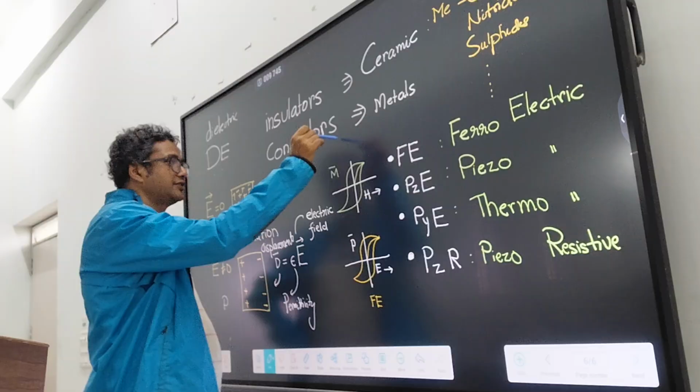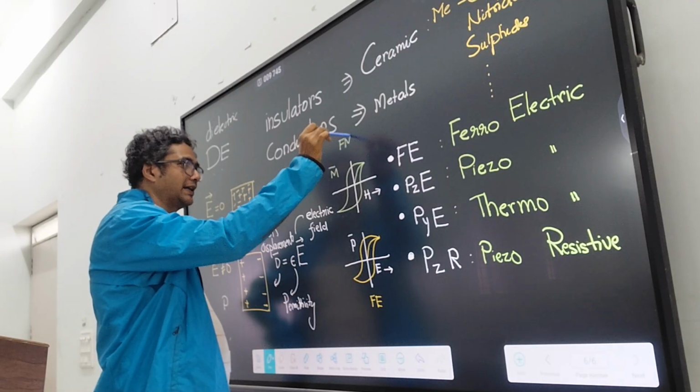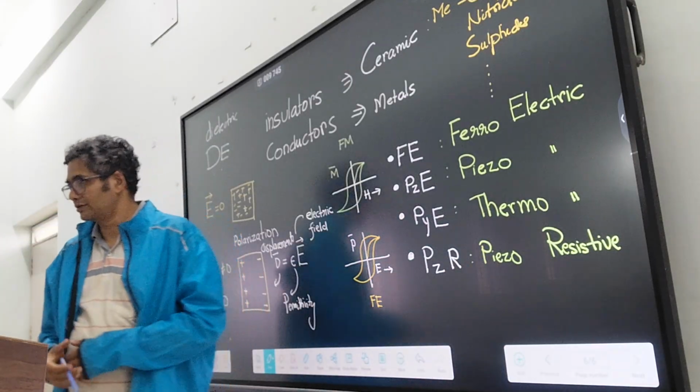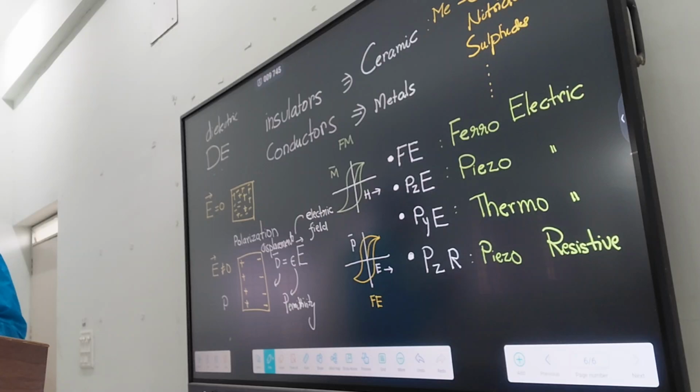This is ferroelectric and this is ferromagnetic. So we are talking about such a class of materials where there is already polarization existing in that material.